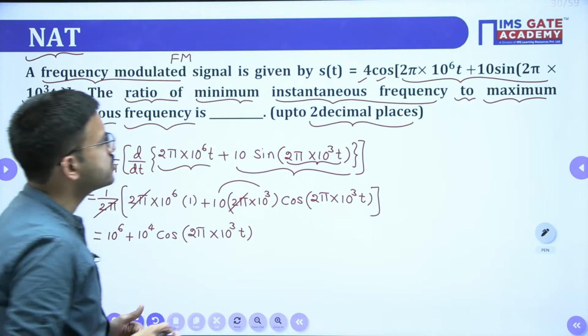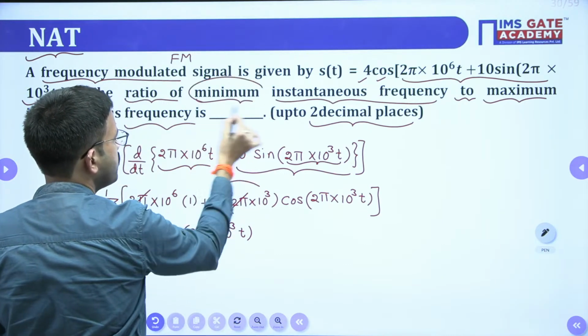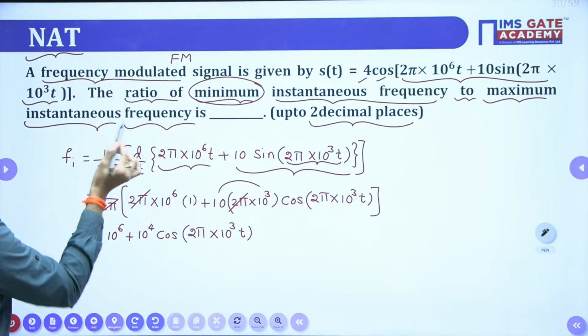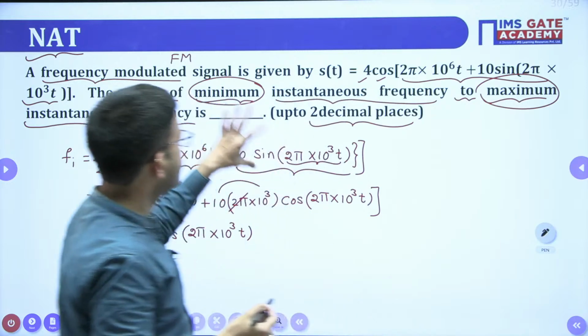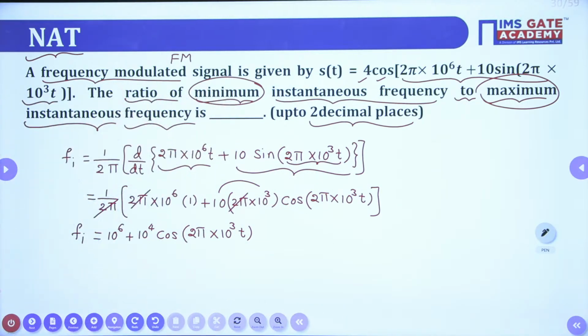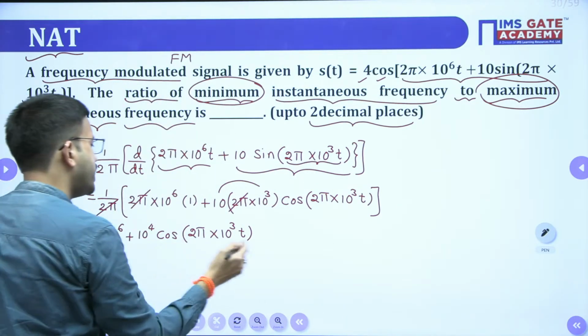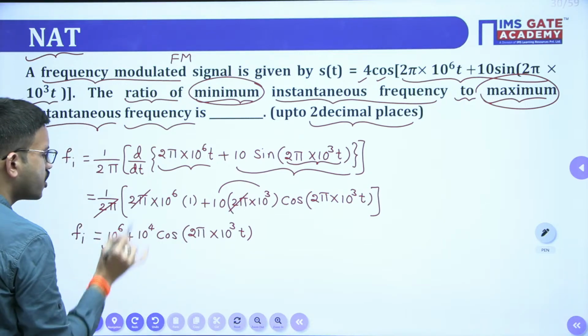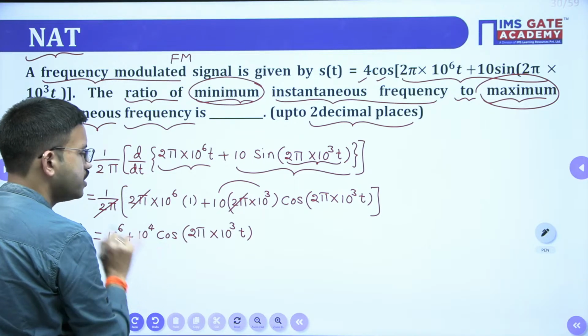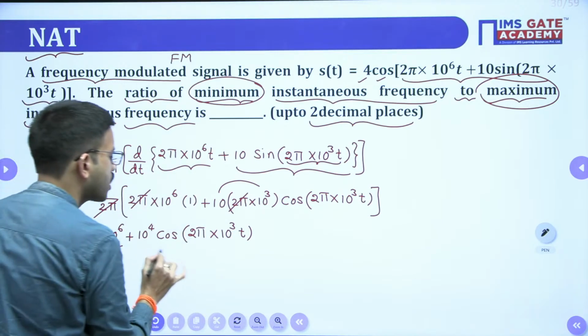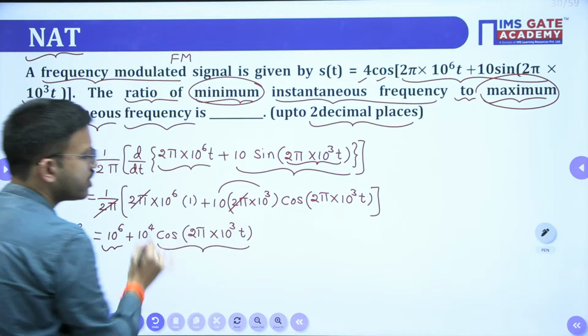But now the question is, you have to calculate the minimum value of the instantaneous frequency, similarly the maximum value, and after that find the ratio of those two. If you observe this entire equation, 10 power 6 is a constant, and the cos of this value is varying.